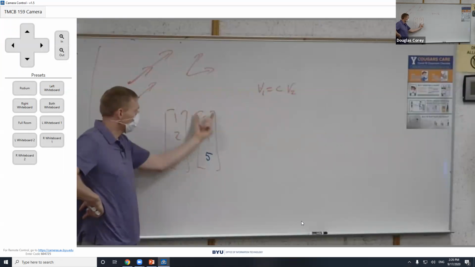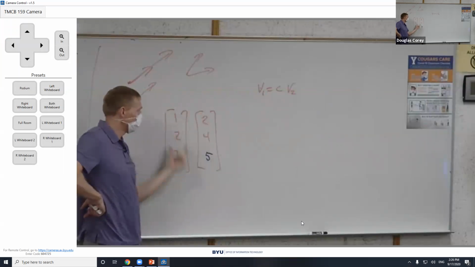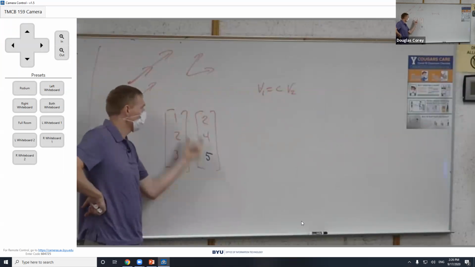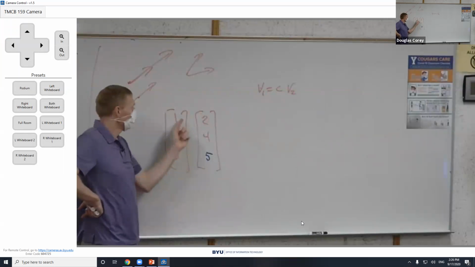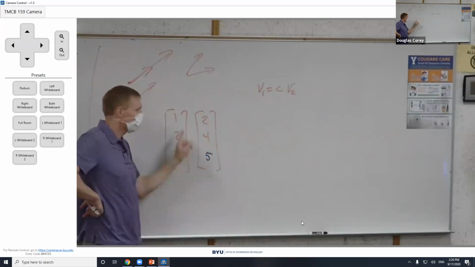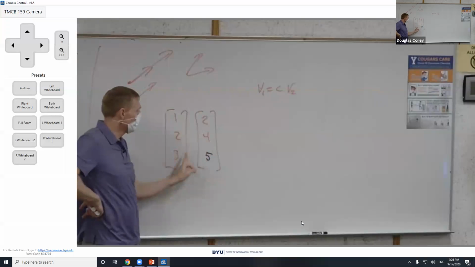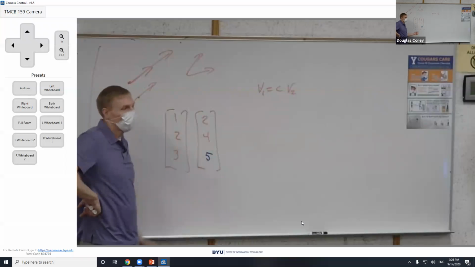If this is going to be a linear combination of this one, these all have to be double this. So 1 times 2 is 2, 2 times 2 is 4, 3 times 2, I'd need a 6 there. But since it's not, then I know they're linearly independent.